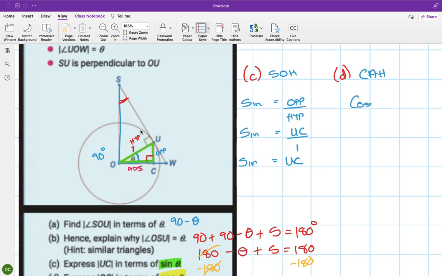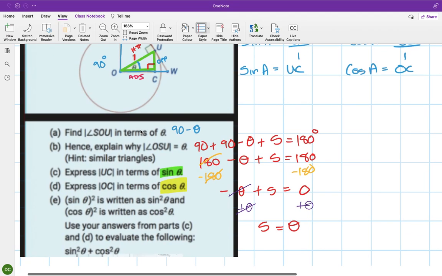We normally say A. So the cos of A is adjacent over hypotenuse. The adjacent is OC, you can see from the picture, and the hypotenuse again is 1. So the cos of A is OC.